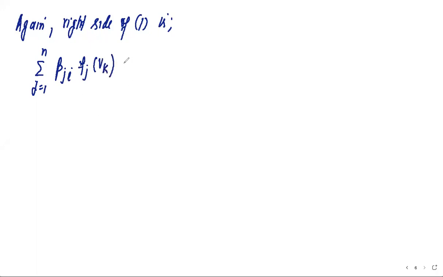Now substituting the different values of j from 1 to n, the first term here is beta 1i f1 of vk. The second term, for j equal to 2, is beta 2i f2 of vk, then plus so on.